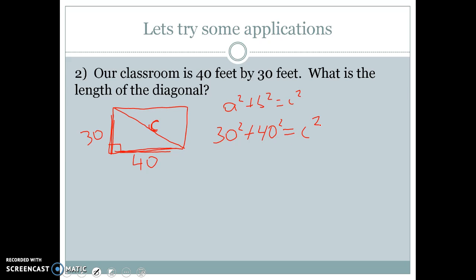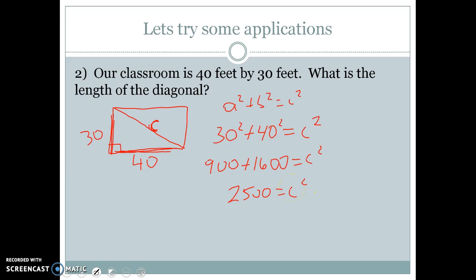So 30 squared, 30 times 30 is 900. Plus 40 squared is 1,600. That equals c squared. And so 900 plus 1,600, that's 2,500, equals c squared.